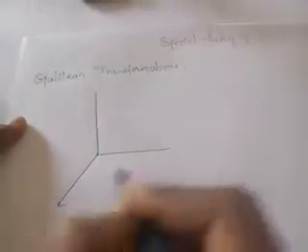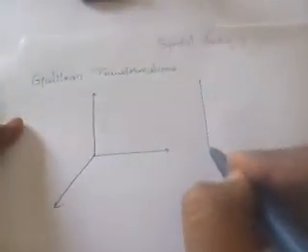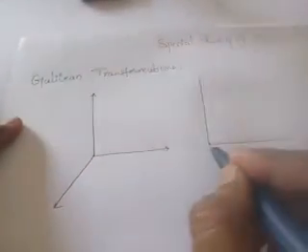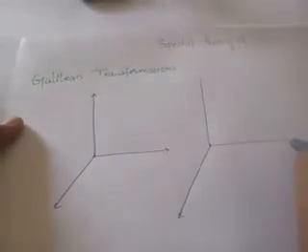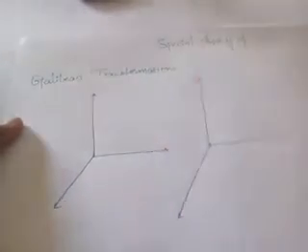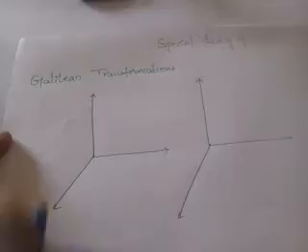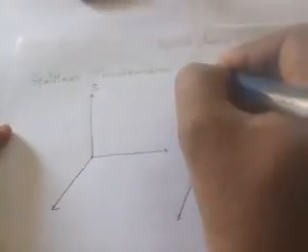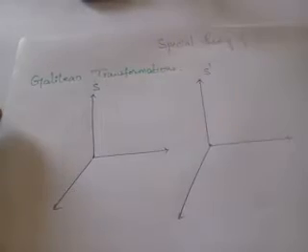So they are represented by S and S dash. See there, I am assuming two reference frames here. This is one frame and this one is another frame. So here this frame is represented by S and this one is represented by S dash frame.